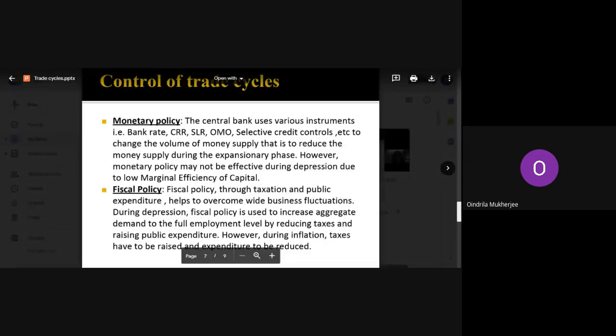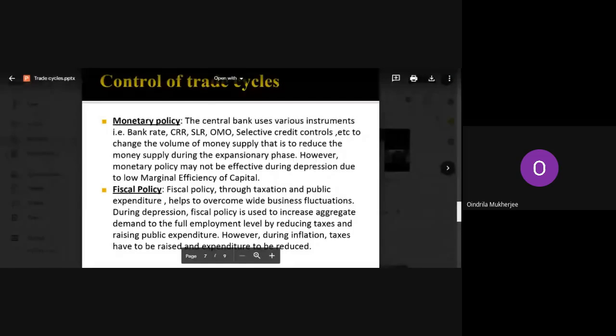Sometimes these rates are increased, sometimes lowered, depending on the situation. Some changes might happen in case of inflation, some in case of deflation. So depending on the economic situation, RBI will bring changes in all these monetary policy instruments.